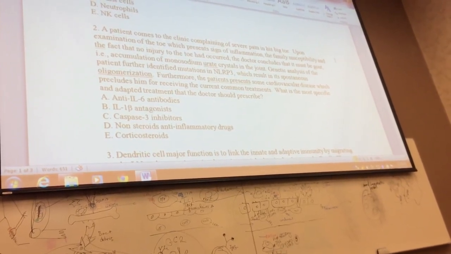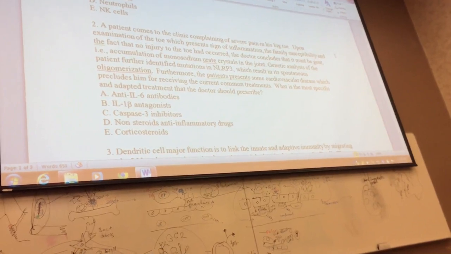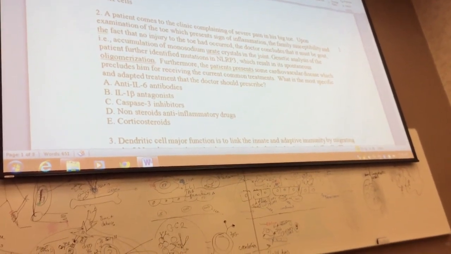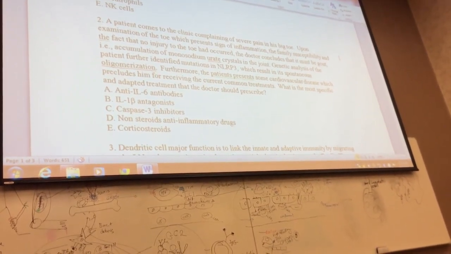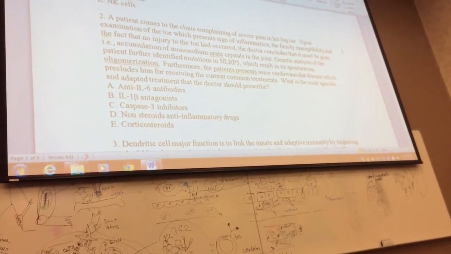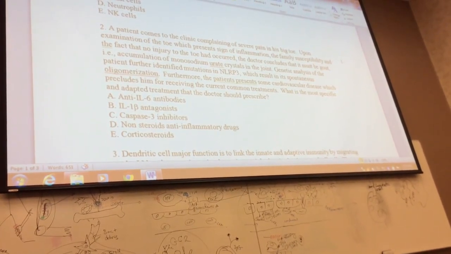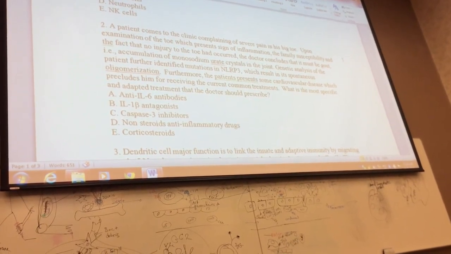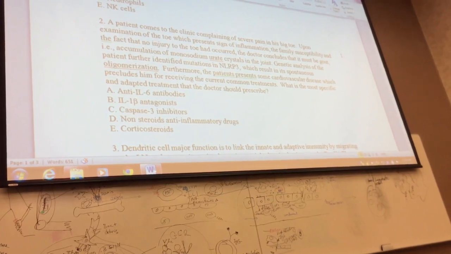A patient comes to the clinic complaining of severe pain in his big toe. Upon examination of the toe, which presents signs of inflammation, the family susceptibility, and the fact that no injury to the toe had occurred, the doctor concludes that it must be gout, i.e. accumulation of monosodium urate crystals in the joint.